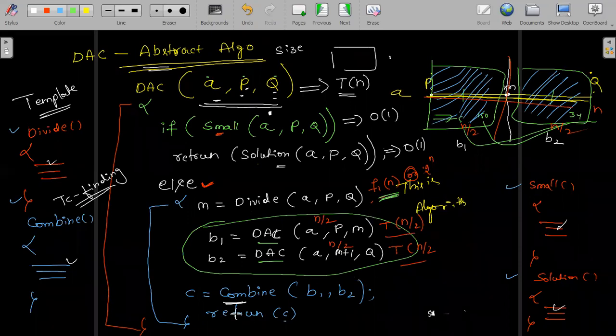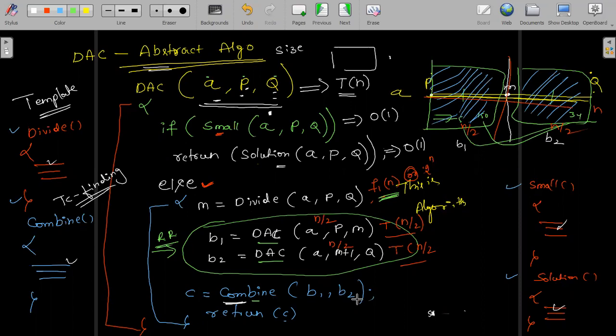Again, now here we have one more function, the combine function. What is that? This function helps when you do this division and when you do the recursion here. See here, I am doing the recursive call here. Yes or not? The recursive call is happening here. So we are going to get the solution over here. After getting the solution, what do we have to do? We have to combine, or not? That is the reason why we need a function.